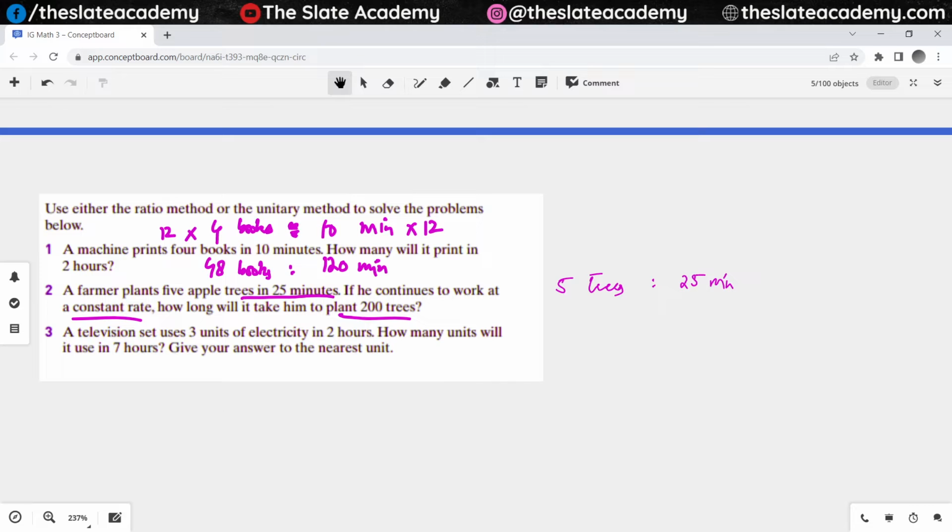So I multiply the left hand side with 40 as well as the right hand side with 40. So 200 trees ratio 25 times 40 would be 1000 minutes. Which one of you said 1000?